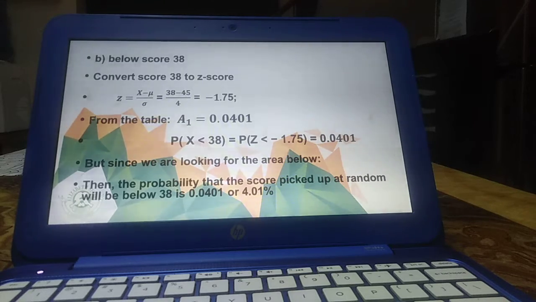Now, if the score we're looking for is below a certain score, then again we convert it to z-score and then get the area from the z-table, and that will be the area we're looking for. We simply need to change the area into percent to better represent our probability.